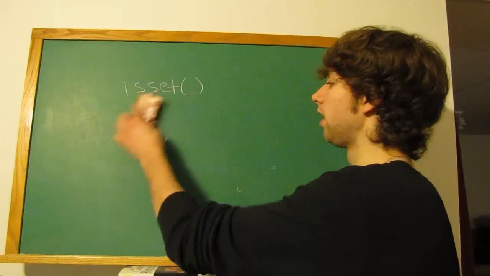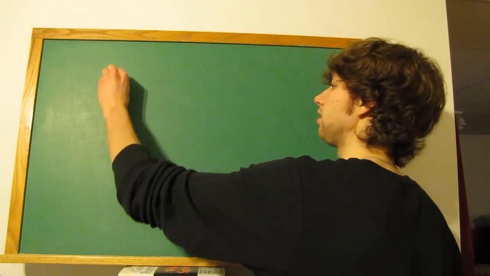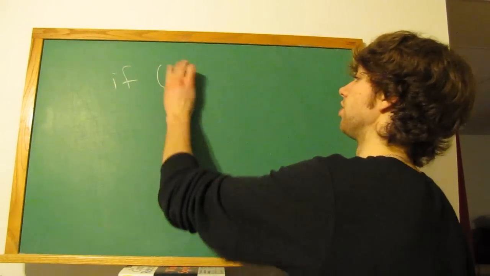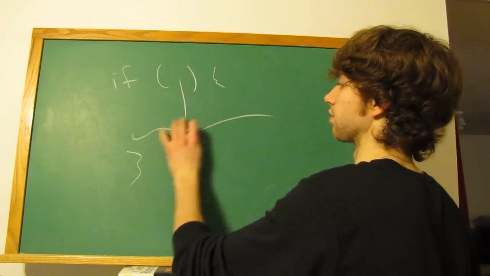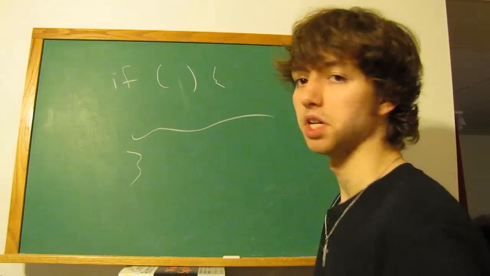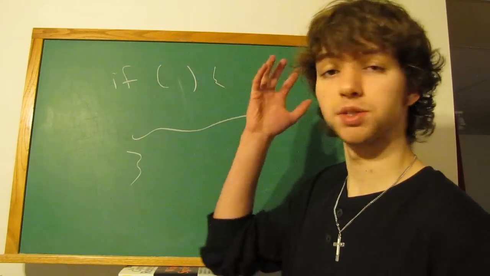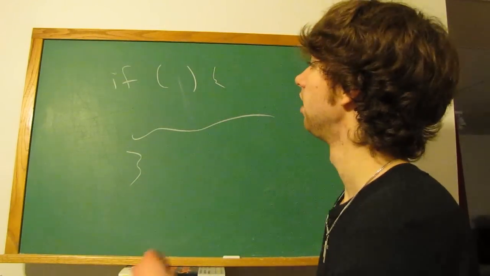Alright, so how this would work is we could use it within an if statement. So in here, we could put our function, and then we could do something here if it's true. Well, what we would do is, because it outputs either true or false, that's what if statements test as well. So how convenient.